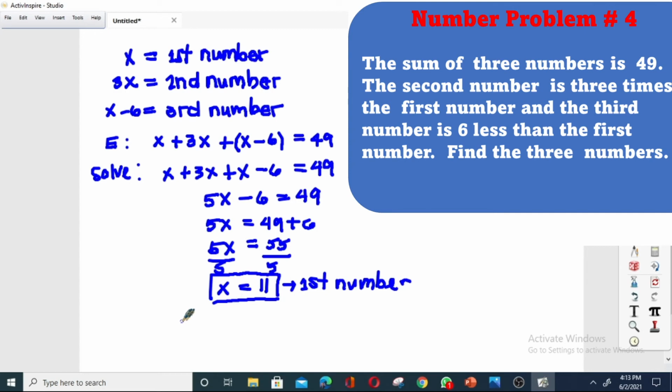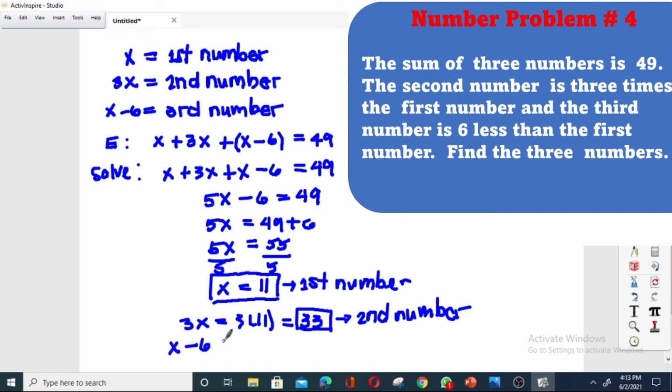And our second number is 3x, which is 3 multiplied by 11, is equal to 33. So therefore 33 is the second number. And the third number will be x minus 6, so x is 11 minus 6.